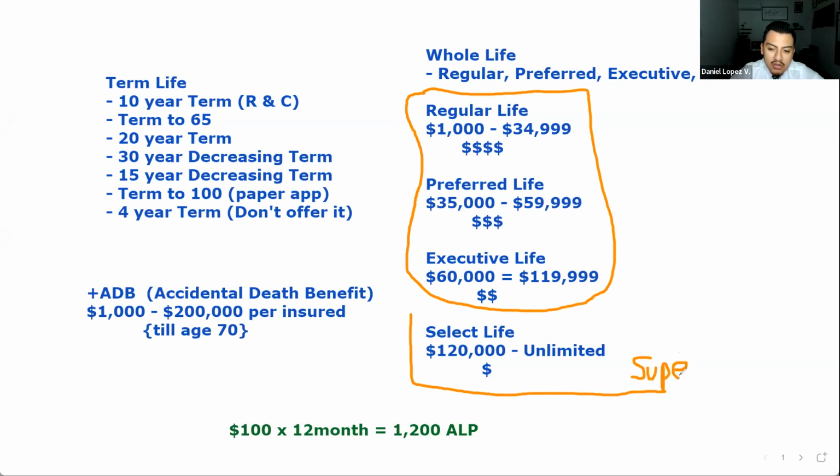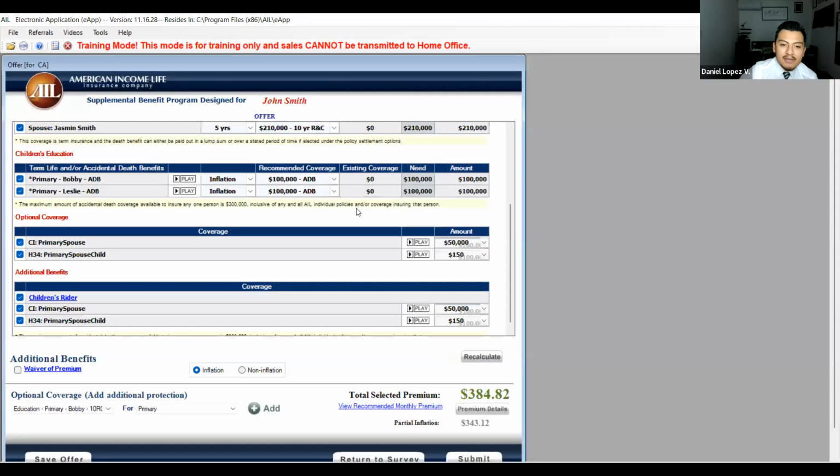Okay, super combo. Can you say that again? If you want to see the price for a whole life between 1,000 and 119, regular to executive, you can find those prices using the needs analysis, which is this part.